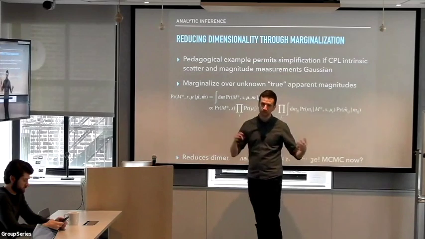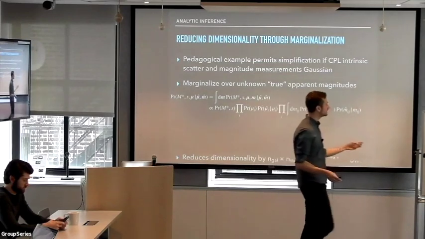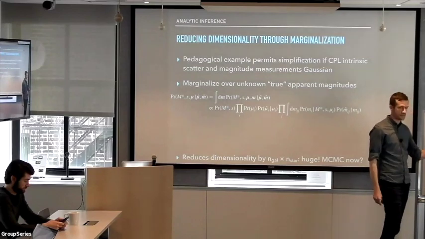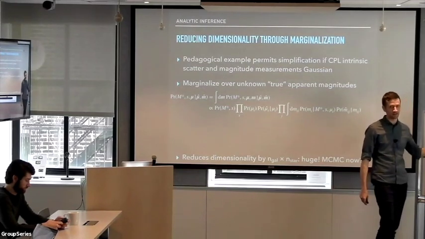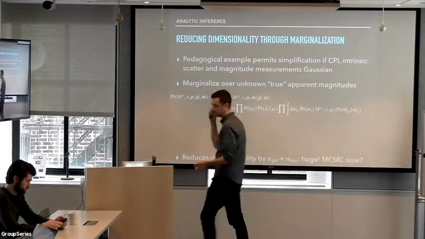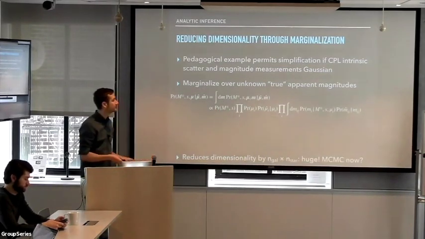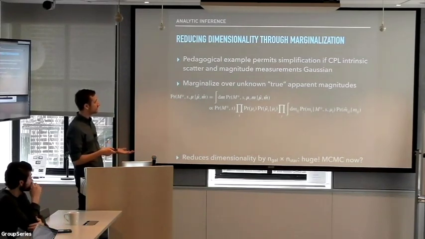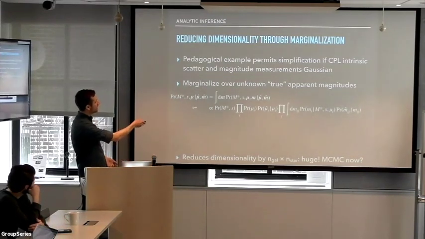If we can get rid of n galaxies times n stars parameters, maybe we can get to a dimensionality that we can use a simple sampler on. The cool thing about everything being normal is that we can do that.